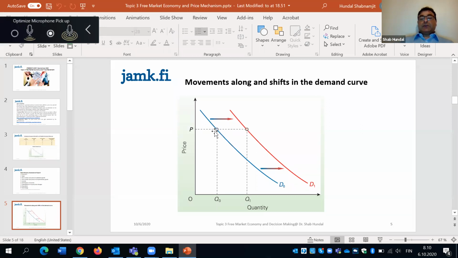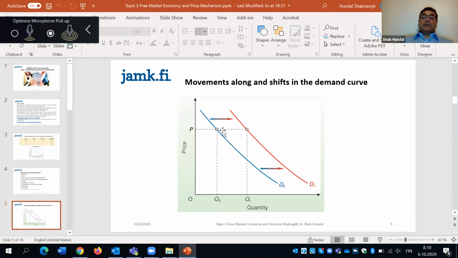So the message I'm trying to deliver is that when the price doesn't change, but because of the other factors the demand increases, then this is called the shift in the demand curve. So you can see that at the same price, there is an increase in the demand. When there's a movement along the demand curve, it's purely because of the price of the commodity in question.